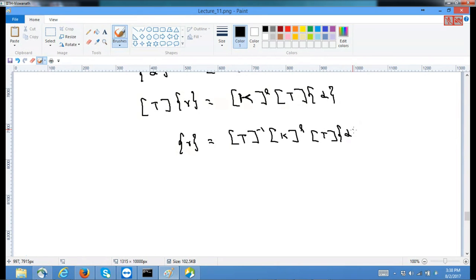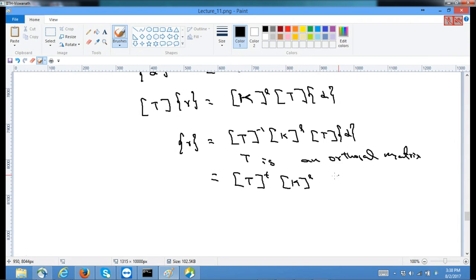But we know that since T is an orthogonal matrix, we can define it as T transpose K local times T times D.